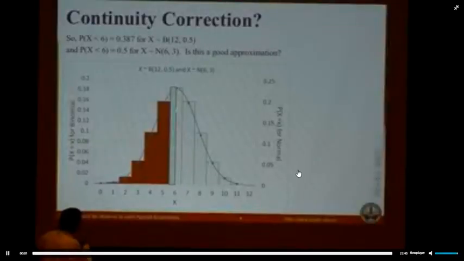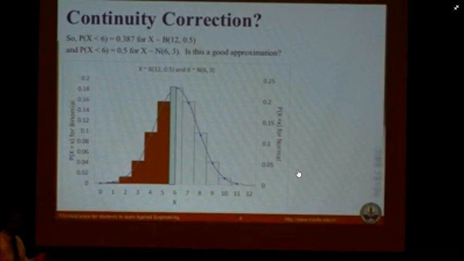In normal, I am including this much of area also. In binomial, I am not. I am correcting for that.